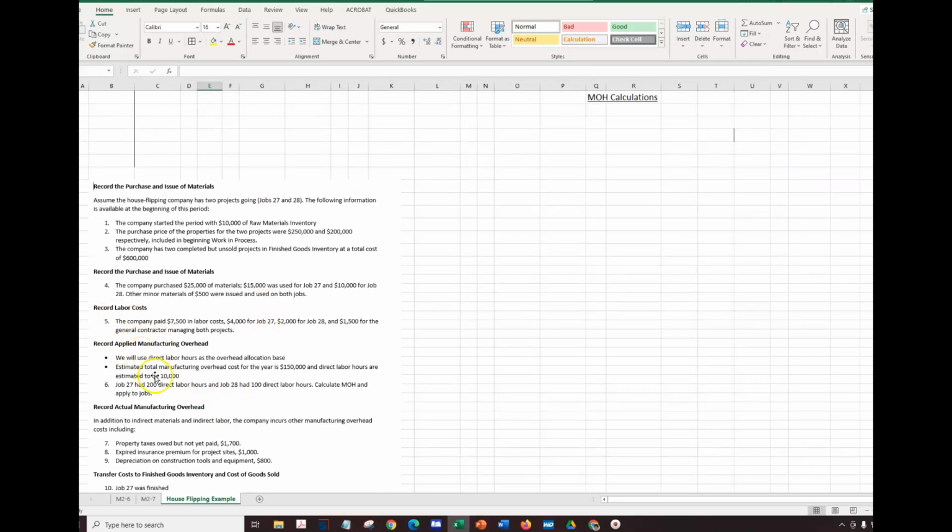Record applied manufacturing overhead. We will use direct labor hours as the overhead base. Overhead, so that's what's driving our cost, are the direct labor hours. We estimate total manufacturing overhead cost for the year is $150,000, and direct labor hours are estimated to be 10,000.